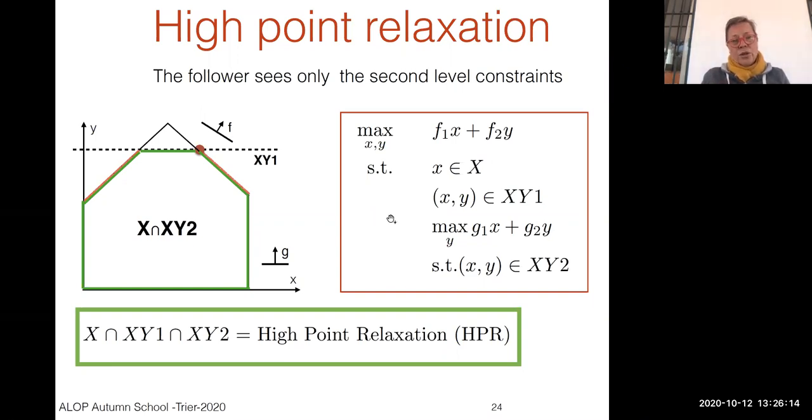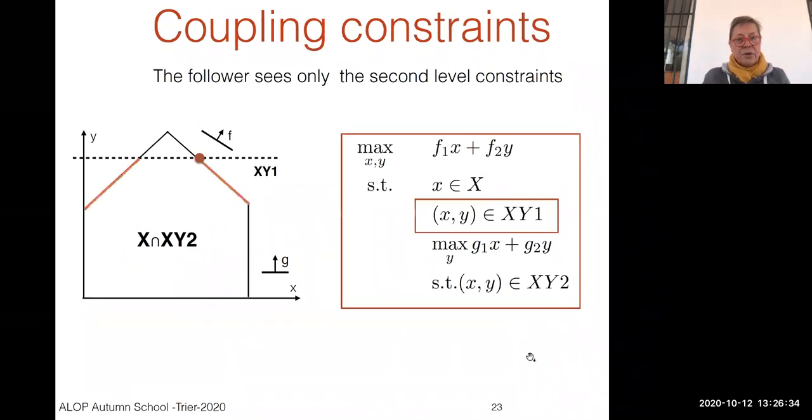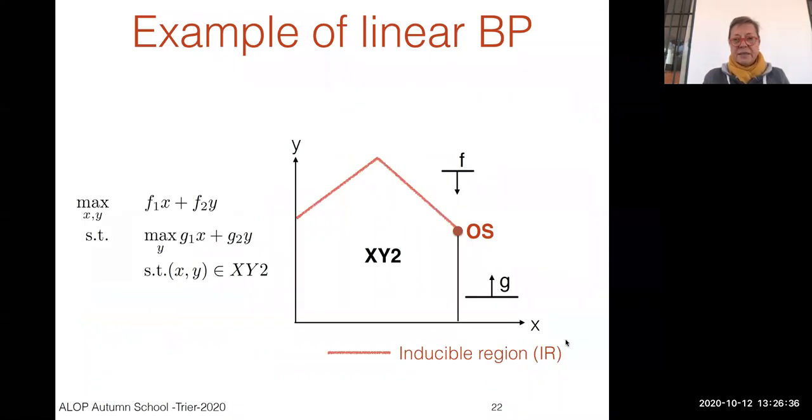And also another thing that we can remark here, with this simple graphical representation, is that imagine that I have no coupling constraints. Okay, so this was the previous example, I think here. Yes, I have no coupling constraints.